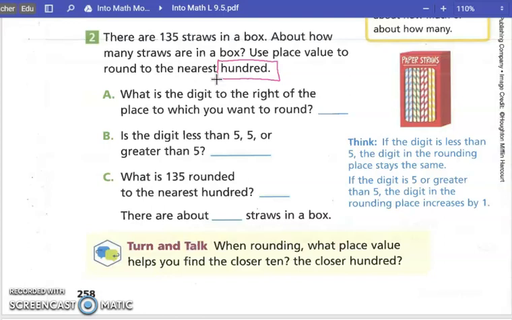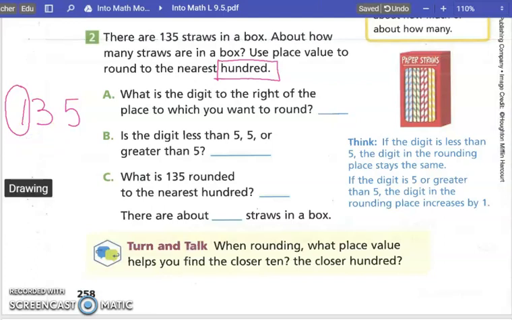So we have 135. What is the digit to the right of the place to which you wish to round? We're rounding to the hundreds place. What digit is to the right of that?